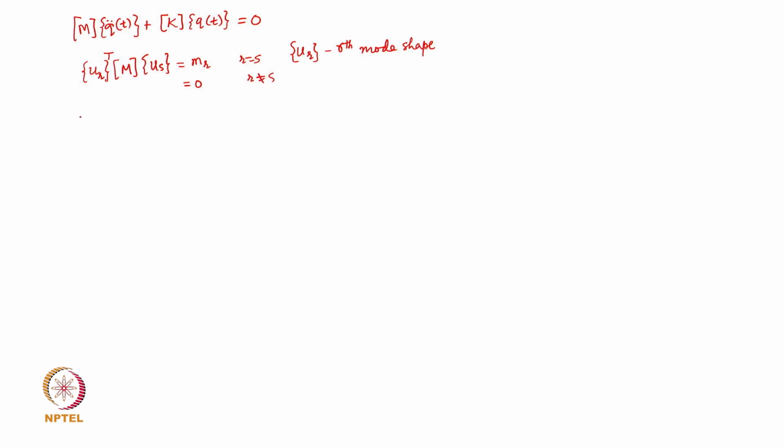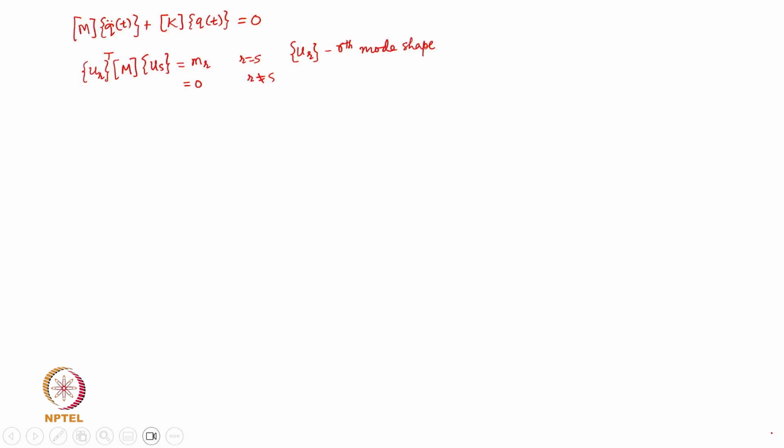So, what we can do is normalize these mode shapes. I am going to normalize the mode shapes by writing U tilde R equal to 1 by square root of MR times UR.